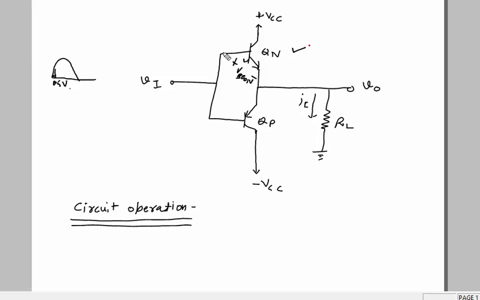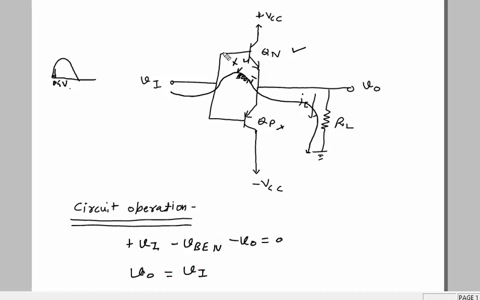If we want to write a KVL across this loop, because QP is off at that time, we can say that plus Vi minus VBE of N minus V0 equals 0, or V0 equals Vi minus VBE N. Let's call it equation number 1 for this class.